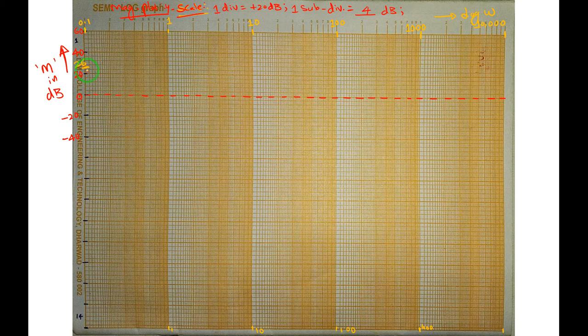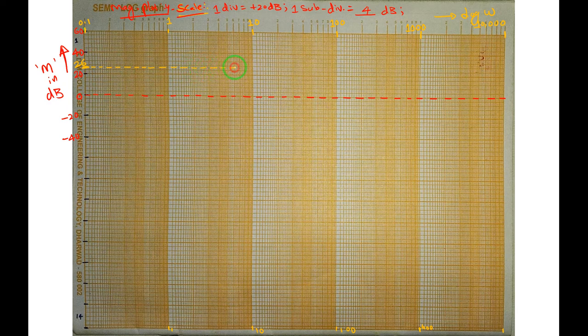I hope you are getting 24, 26. I am marking here. Next, let me draw that line here for 26 dB. It should come actually in the middle like this. I hope you are getting what I am doing. This is the 26 dB shift up, right?